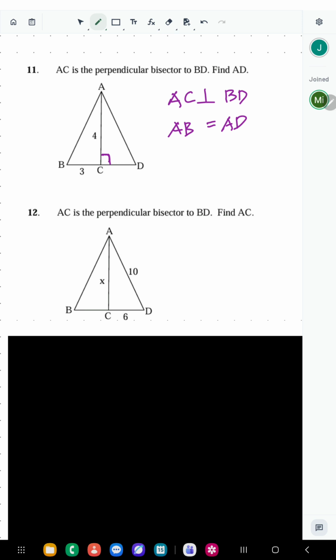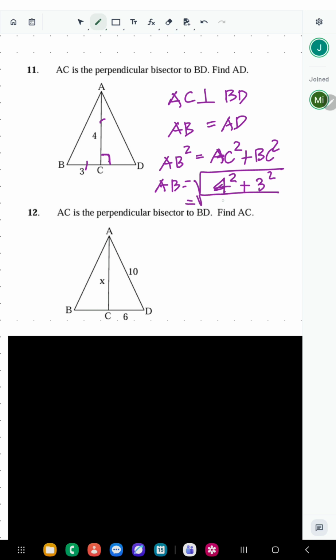So we're given BC, this leg and this leg, we need to solve for AB. So AB using Pythagorean theorem, AB squared is equal to AC squared plus BC squared. So AB is just equal to the square root of AC squared. AC is 4, so 4 squared, and BC is 3, so 3 squared. So this is the square root of 16 plus 9, which is 25.